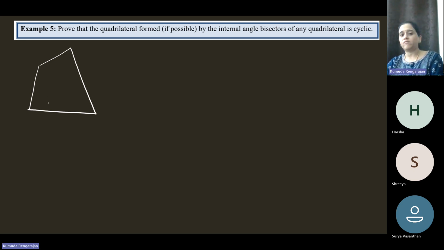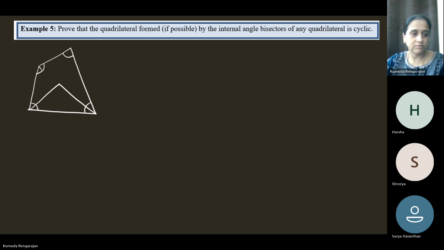Prove that the quadrilateral formed by the internal angle bisectors of any quadrilateral is cyclic. These are the internal angles, or the interior angles, and their bisectors.